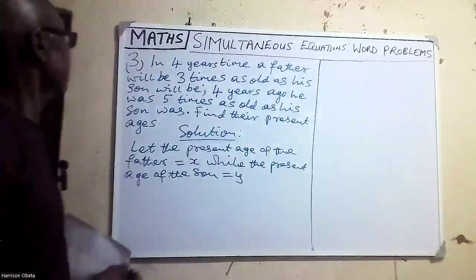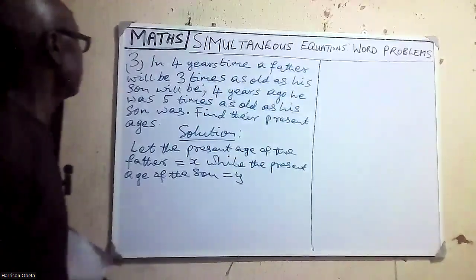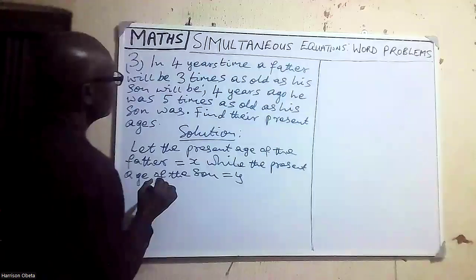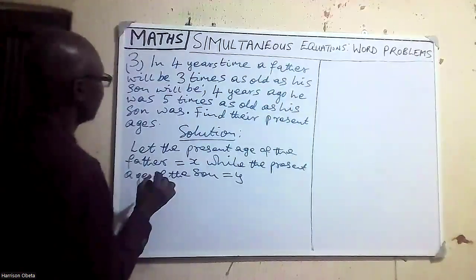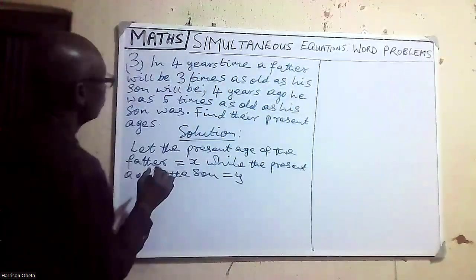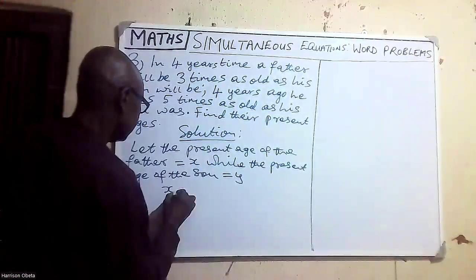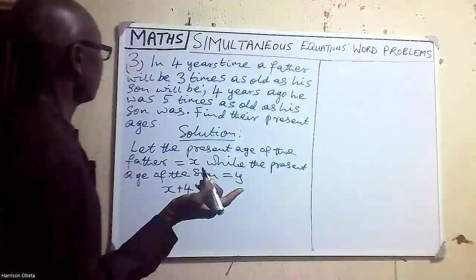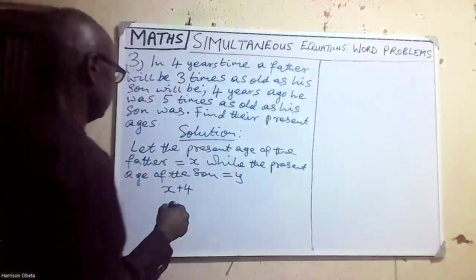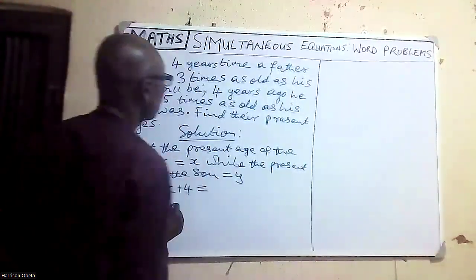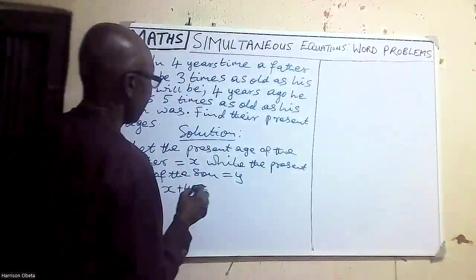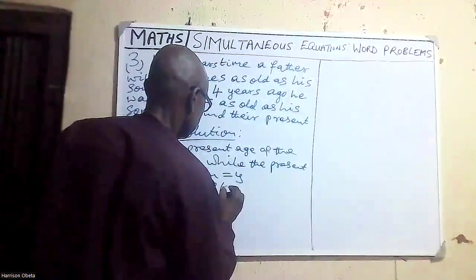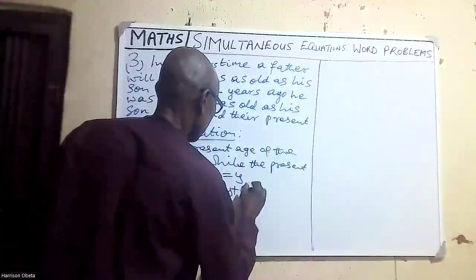Now, we are told that in 4 years' time, a father will be 3 times. So it means that x plus 4, that's if you add 4 years to the father's age, it will be equal to 3 times that of the son, 3 brackets y plus 4.